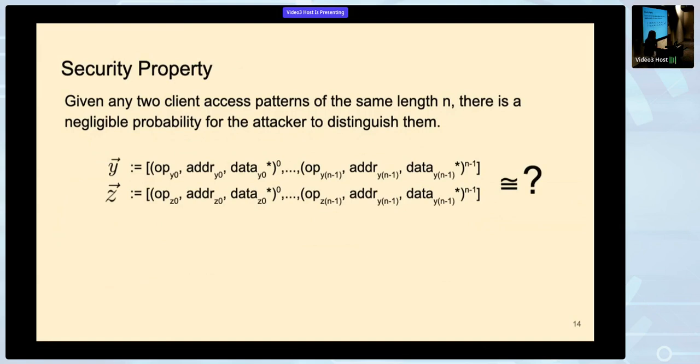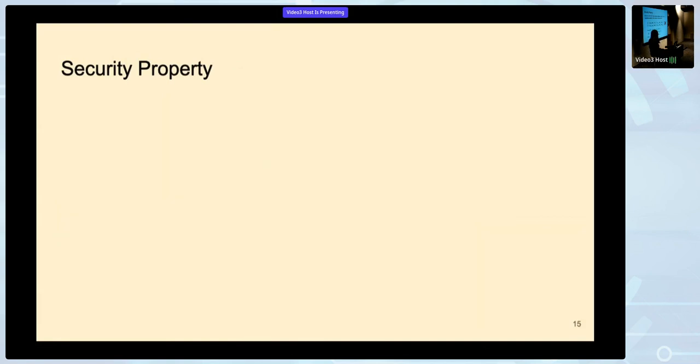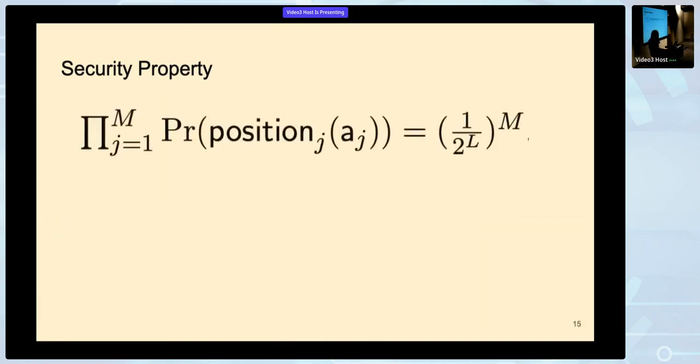Based on the previous introduction, these two cannot hold the relation of computational indistinguishability. However, with the access function applied to the same sequence, we can show they're computationally indistinguishable. And there's math behind it. Each time you do access, the new address is drawn from a uniform distribution.